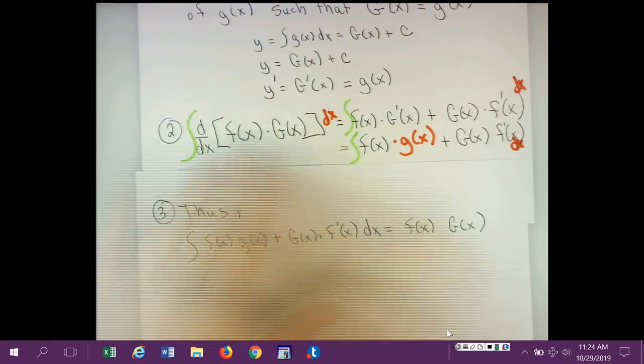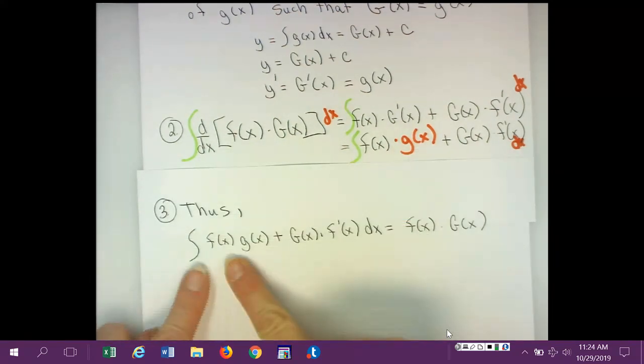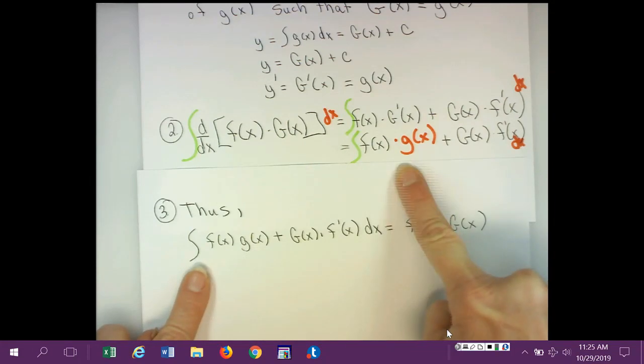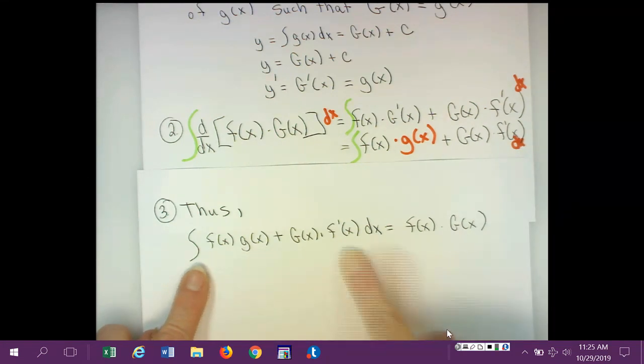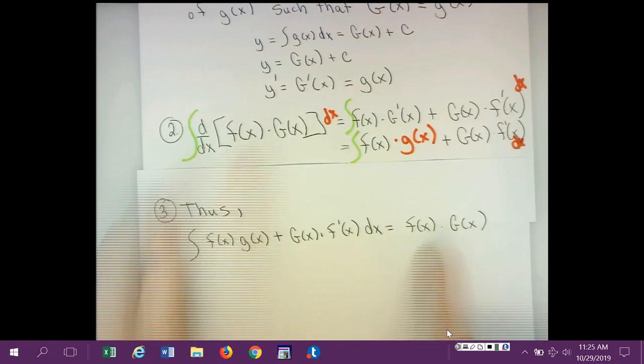But if you integrate both sides of that, then the antiderivative of little f times little g plus capital G times the derivative of little g will get you back to what we started with, the product of two functions, little f times capital G.